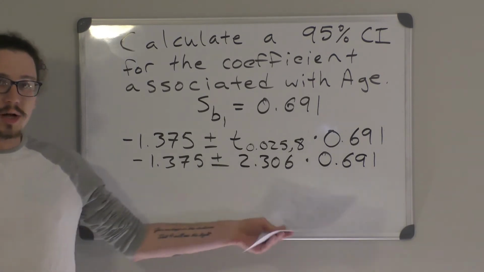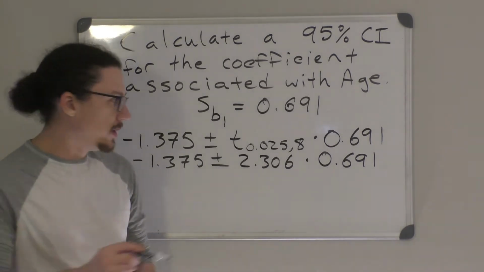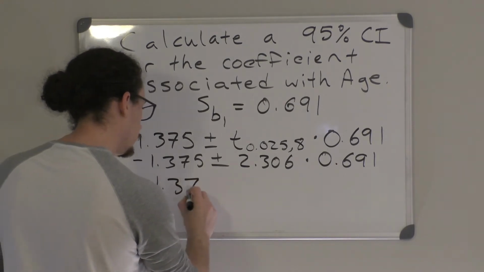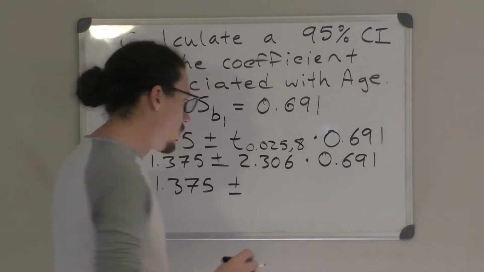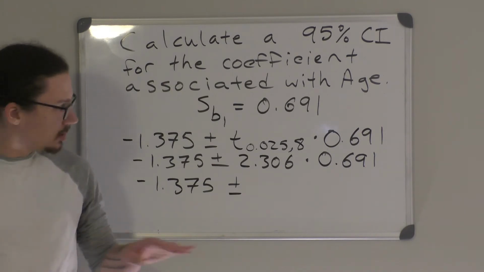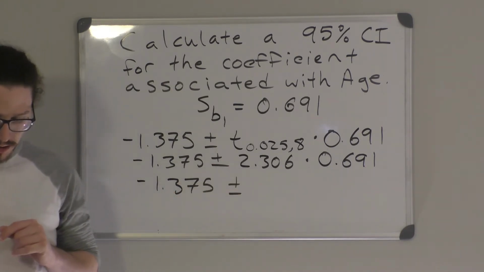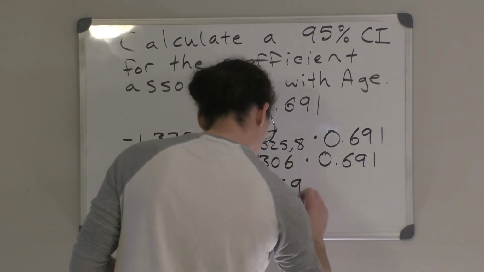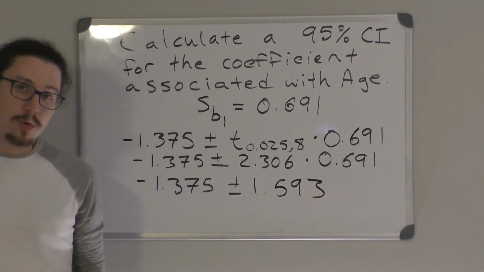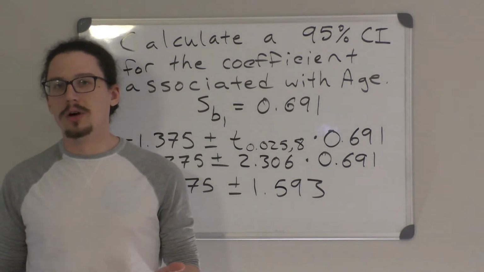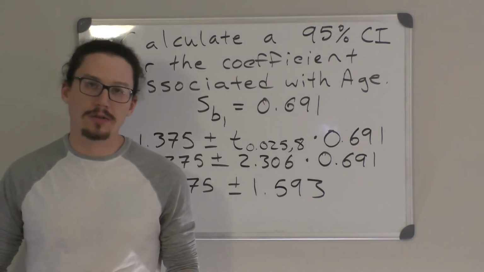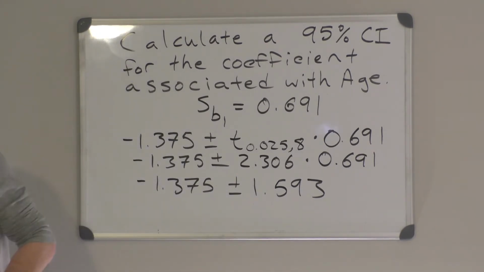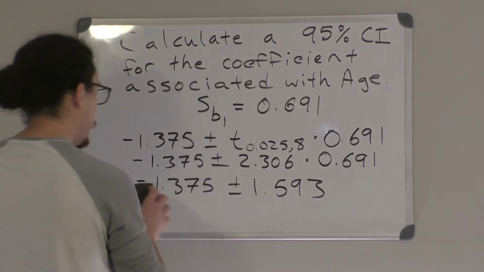We're going to multiply that by our standard error. The product of our critical value and our standard error is 1.593. This is also the margin of error, of course. Let's give ourselves a little more room and continue with this problem.